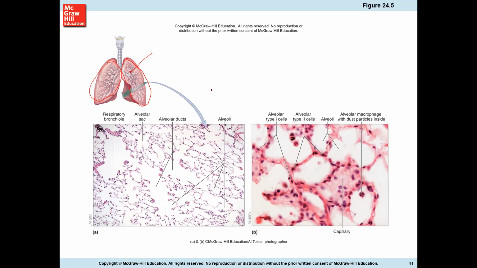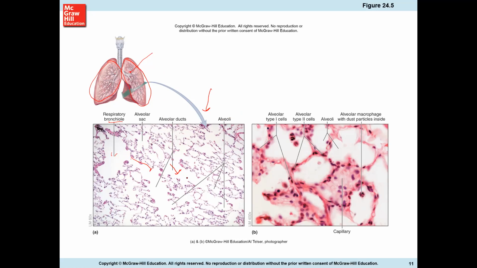So this is histology of the alveolar sacs, basically. You can see there's a respiratory bronchiole, which is not gas exchange. It's like a vestibule between the terminal bronchiole and the alveolar sacs. So here's the ducts bringing in the oxygen, or the air, still air, until it's exchanged into the blood.